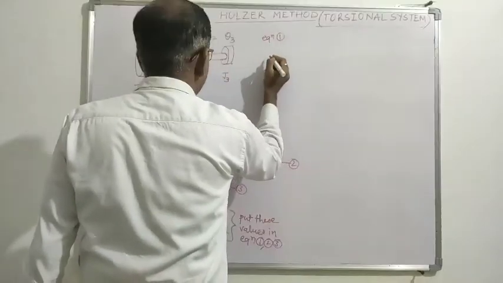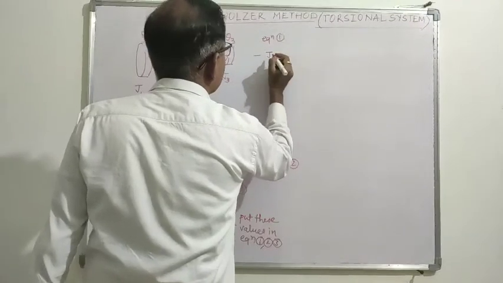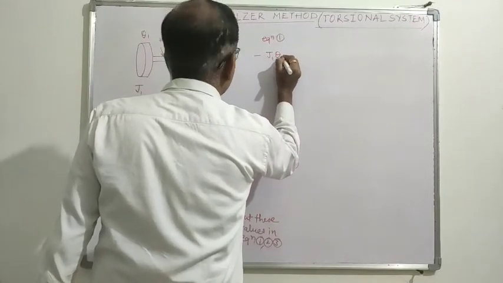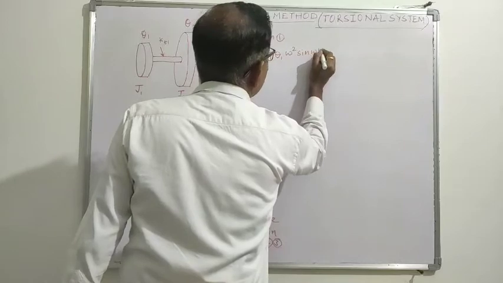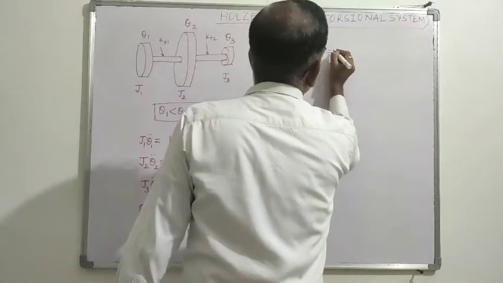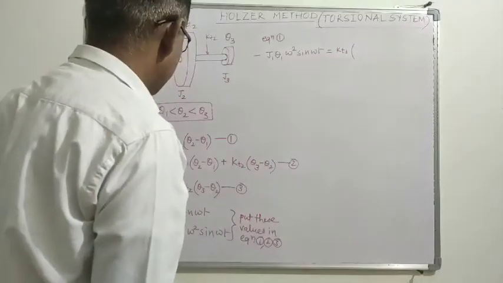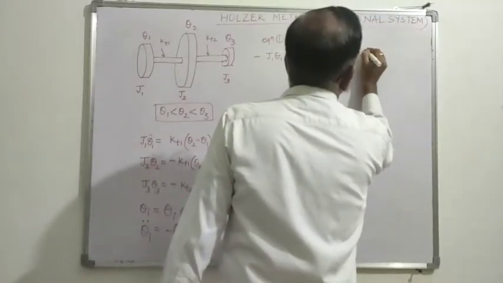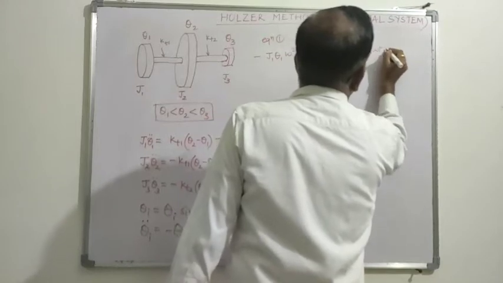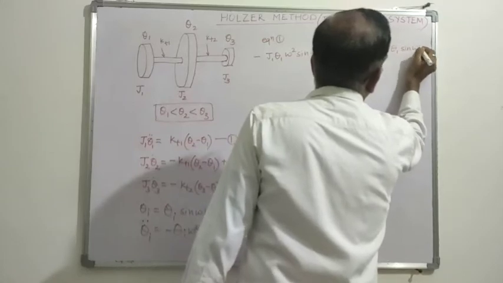So equation 1 becomes minus J1 theta 1 omega square sin omega t is equal to KT1 in bracket theta 2 sin omega t minus theta 1 sin omega t.